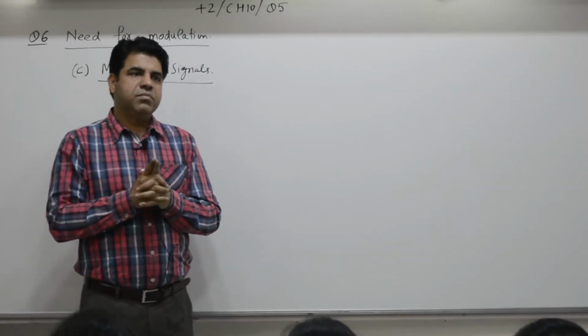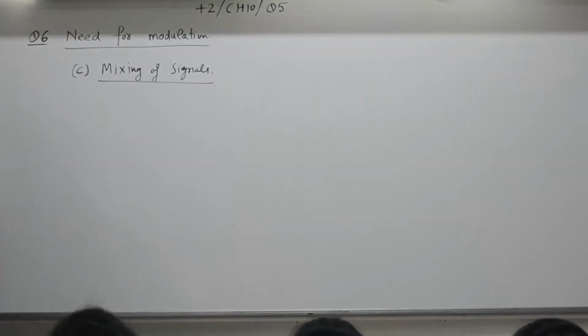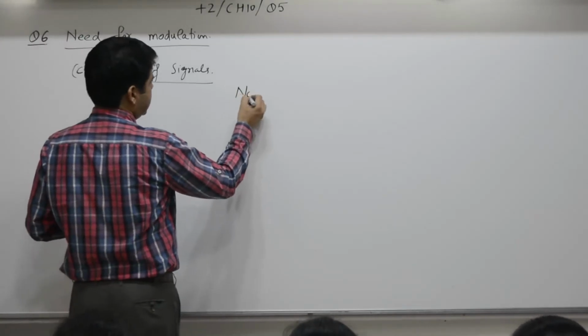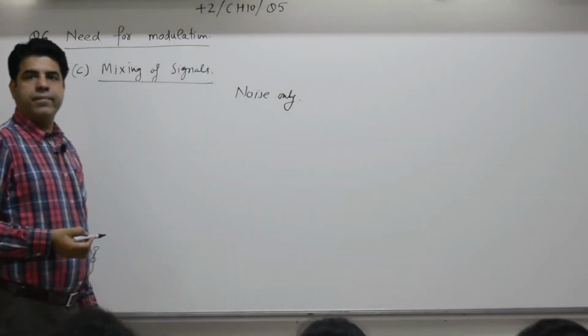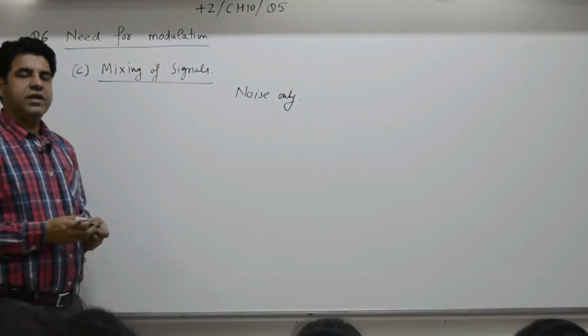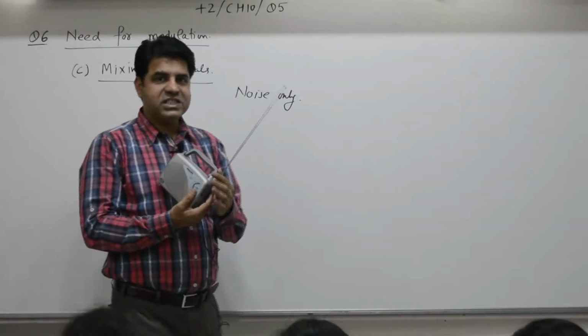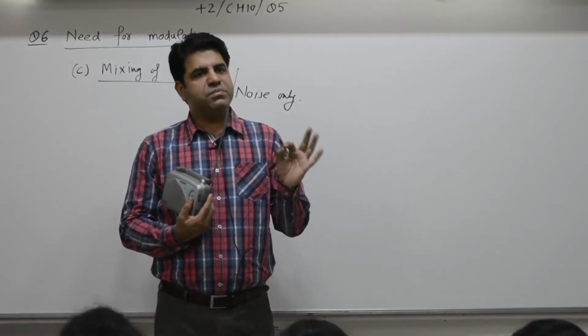That means if you do it without modulation, all signals are mixed, and what you get is noise only. That is why, at present, right now, there are 20 modulated signals available here. But is there any disturbance because of those?